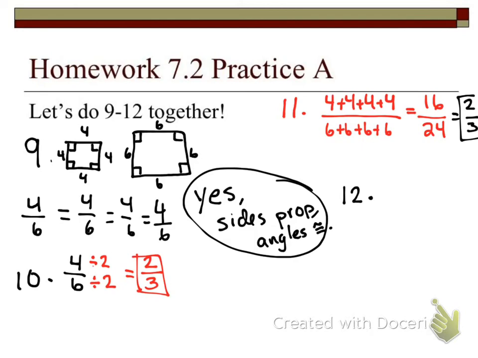So the angles are fine. And then did you see what happened when we set up all the side ratios here? That will always happen in every single square. Whatever one of the ratios is, all the four sides will have that same ratio. That make sense? Yeah. If you think about it? Okay, good. So are all squares similar? The answer is yes. It's kind of a cool property of squares. So yes, they are.